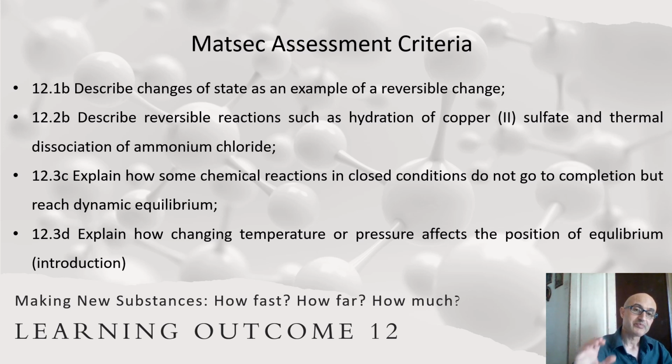We shall see how changing the external conditions of temperature, but also if we had to vary the pressure of the closed system, such conditions will affect what we call the position of equilibrium. I shall introduce this assessment criterion in this presentation, but I shall more fully develop it in the presentation after this. Let's now go on to the next slide.